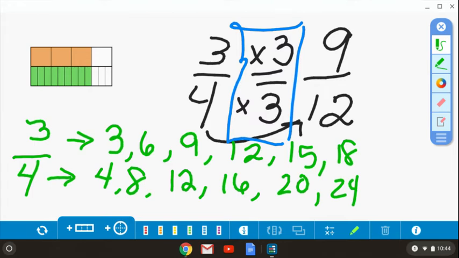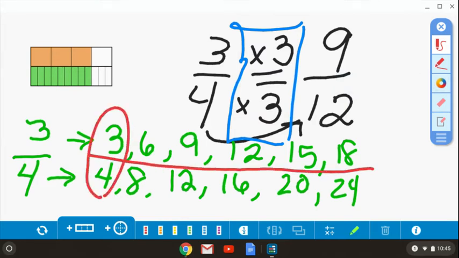And as you can see, if you line them up neatly on your paper like I did, you've made some fractions there. So I can draw a fraction bar right here, and here is 3/4, and look, there's 9/12, our answer. But it also shows you that 3/4 is equal to 15/20 or 12/16 right there.